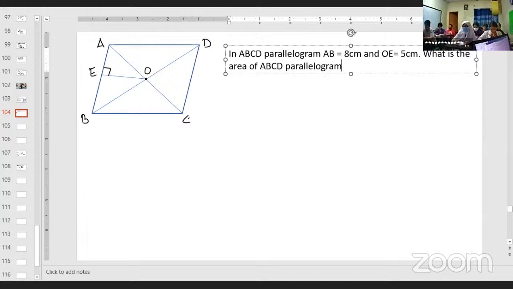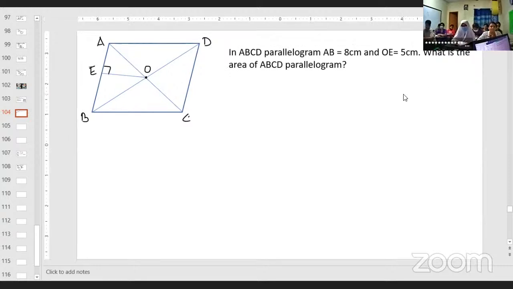One thing is true for all the parallelograms. The rectangle, square, and rhombus at the same time will be considered as parallelograms. I mean, all four have some common properties, right?